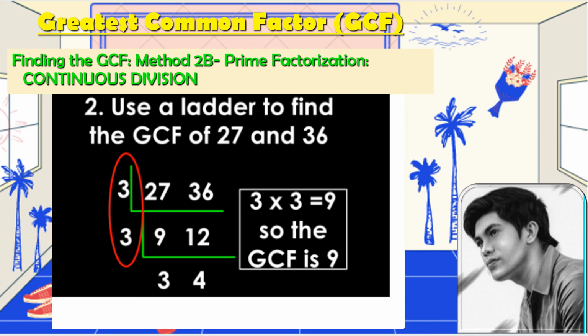So lahat po ng mga prime numbers na ginamit natin sa pag-divide, i-multiply po natin. So we have 2 3s, no? Dalawang 3 ang nagamit natin. Kaya 3 times 3 equals 9. So the GCF of 27 and 36 is 9. Okay, tapos na tayo.